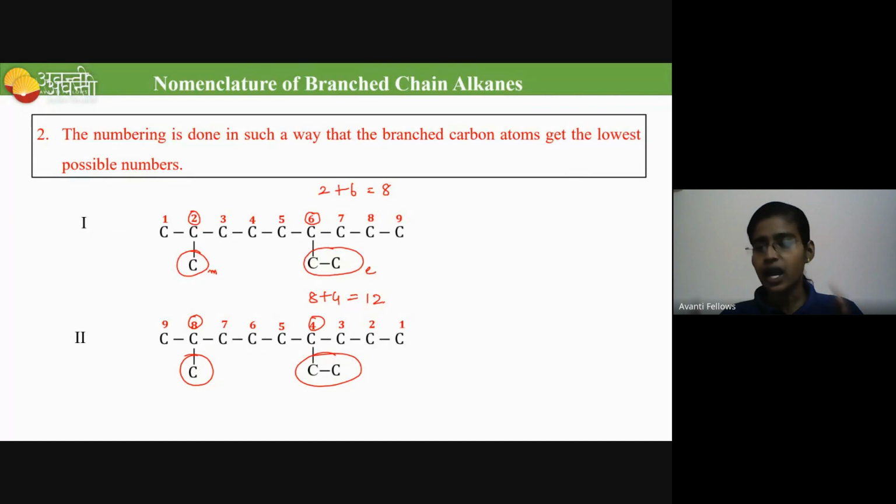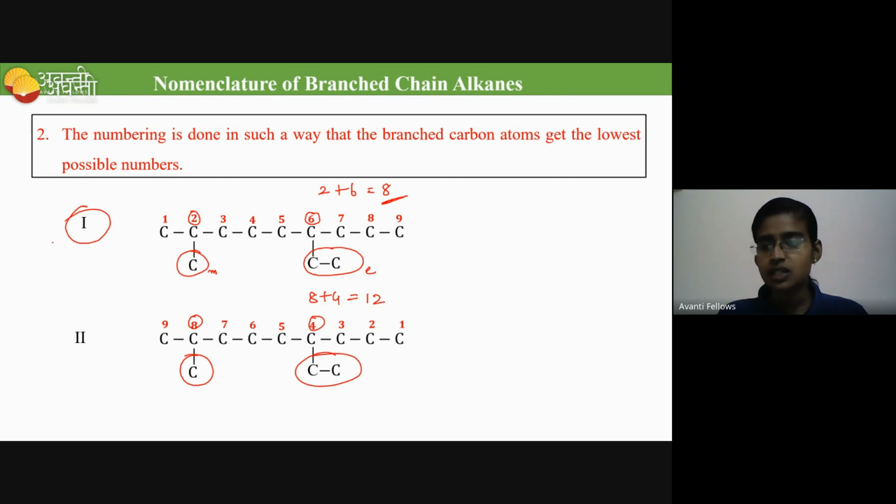While adding the carbons to which the substituents are attached, you should get the lowest possible number. Which is lowest? 8 is lowest, right? So this way of numbering is correct. The first compound has the correct numbering.